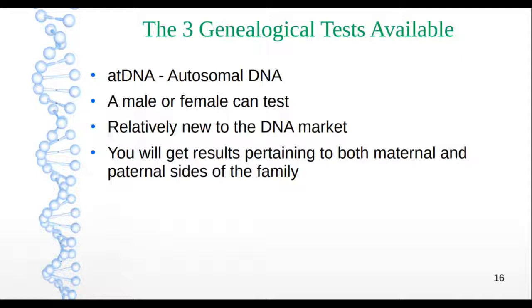You know, it makes absolutely no difference what sex the person is. This is what is confusing a lot of people, I think, about the autosomal tests that are on the market now. So, makes no difference if you're male or female. Tests both sides of your family. Your results will contain info from all sides.